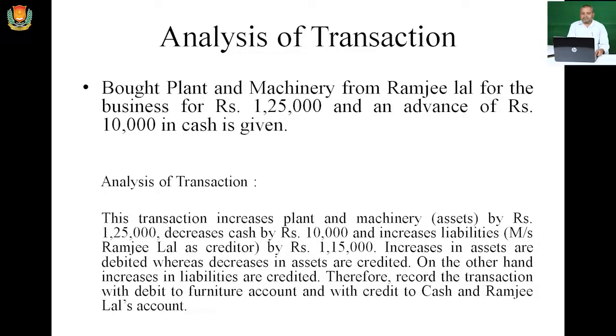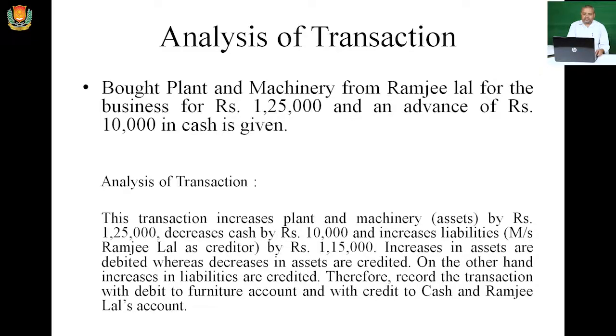Simultaneously increases liability. Whatever portion has not been paid by the business, that will remain as a liability. So liability is created for rupees 1,15,000. Increases in assets are debited, whereas decreases in assets are credited. On the other hand, increases in liabilities are credited. Therefore, the transaction will be recorded as debit to plant and machinery account, and credit to cash and Ramji Lal's account.